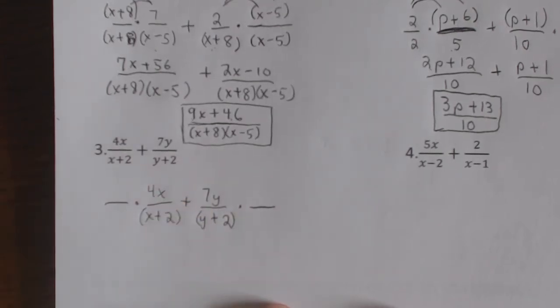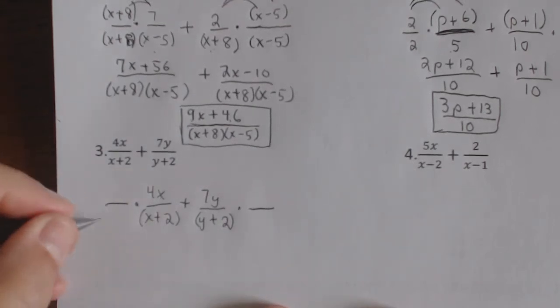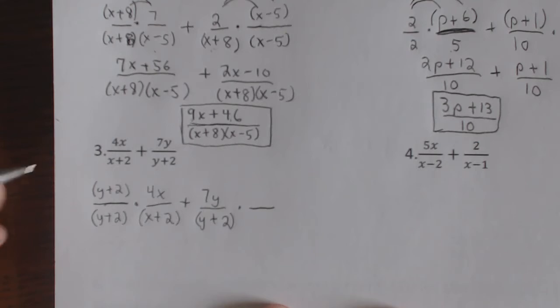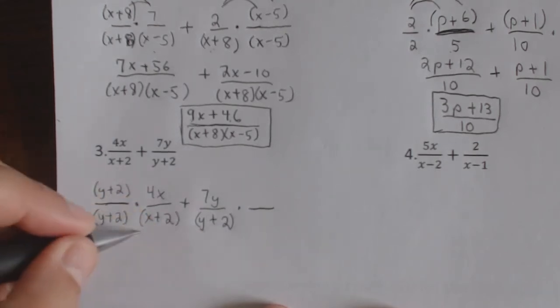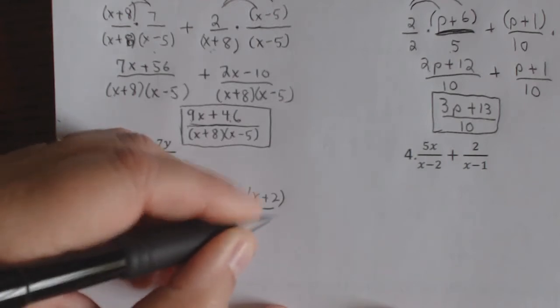It doesn't matter that they both have a plus 2. They are completely different factors. So this x plus 2 denominator would need a y plus 2 denominator, and you multiply by a convenient form of 1 because you do not want to change the ratio of the fraction. And this y plus 2 needs an x plus 2, so we're going to multiply by x plus 2 over x plus 2.